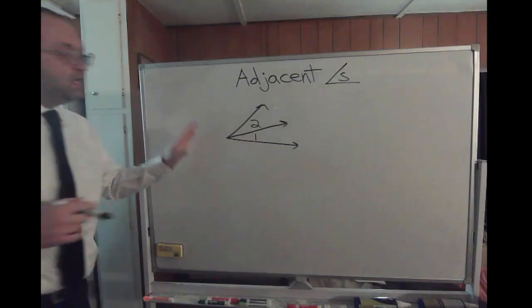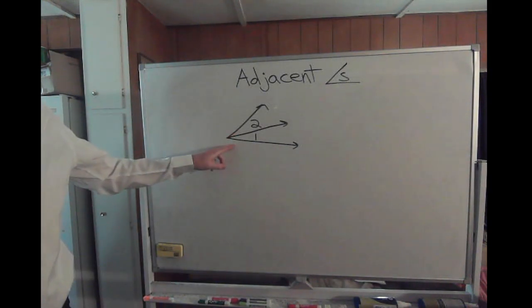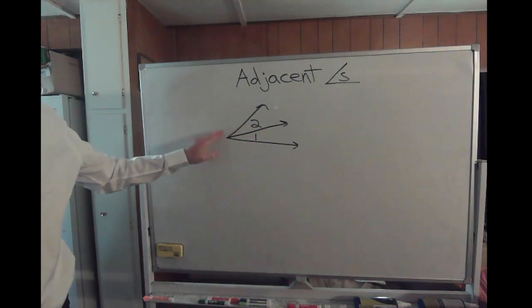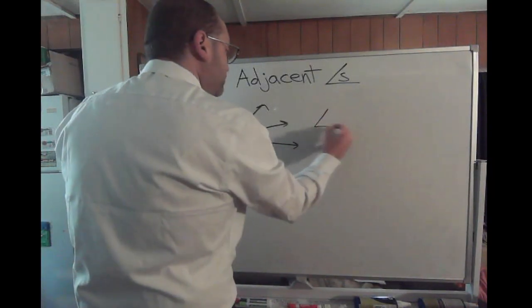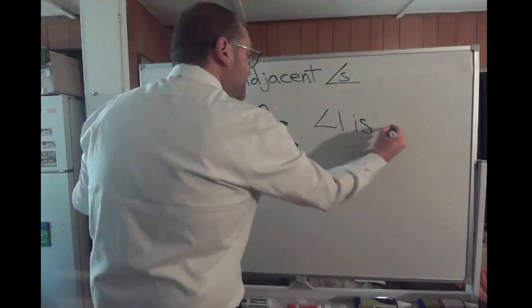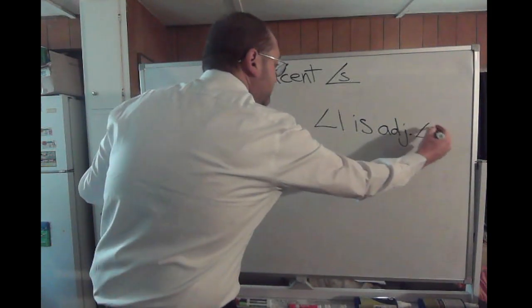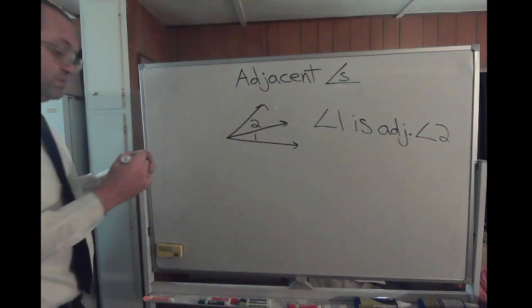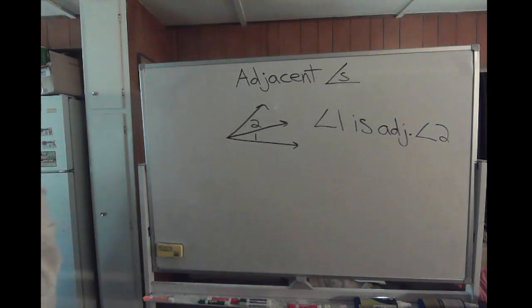When we think of adjacent angles, they are two angles in a plane that have a common vertex. Well, angle 2 has this vertex, angle 1 also has this vertex. They share the same vertex, right? So you could say angle 1 is adjacent to angle 2 since they have the same vertex and they're next to each other.